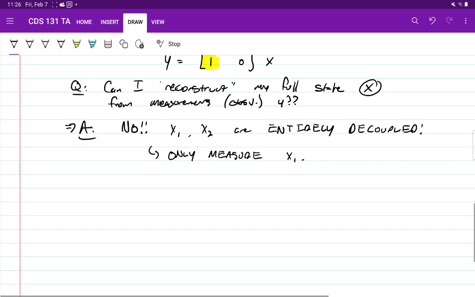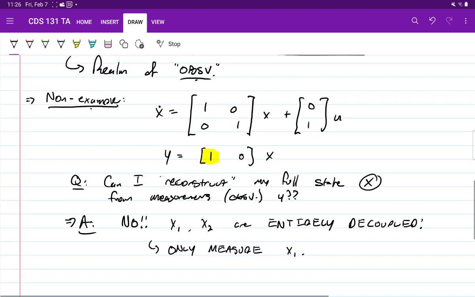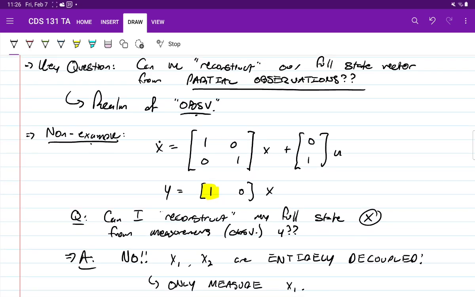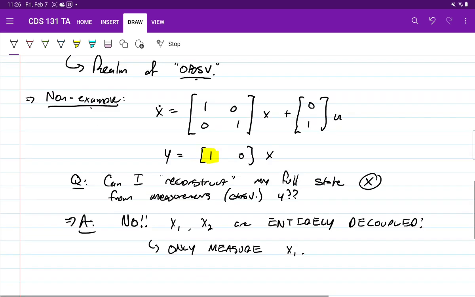Now that we've sketched out this basic idea of observability as being able to reconstruct our state vector from partial observations, let's actually start putting some more math down. Let's try to be a little bit more precise.